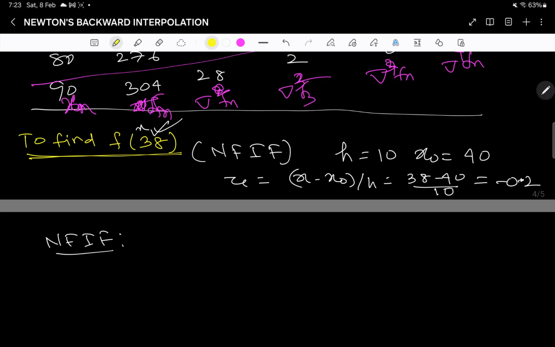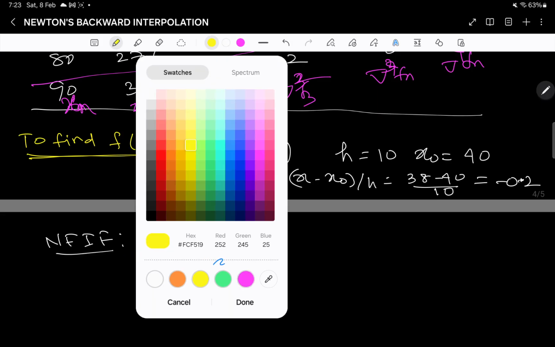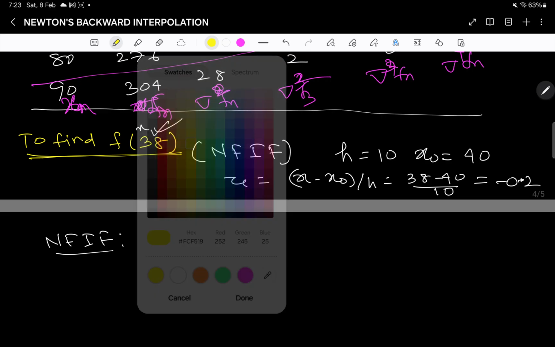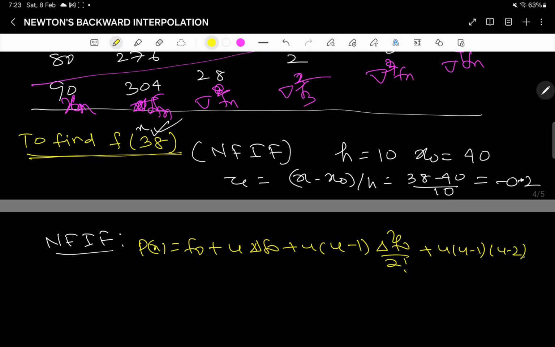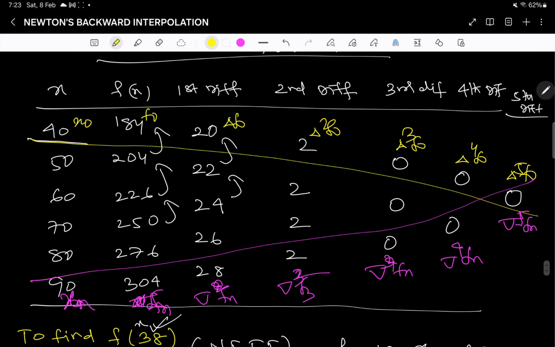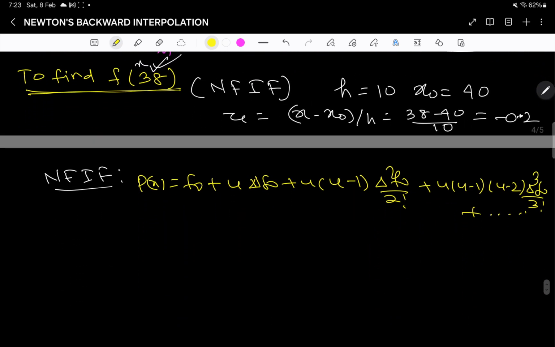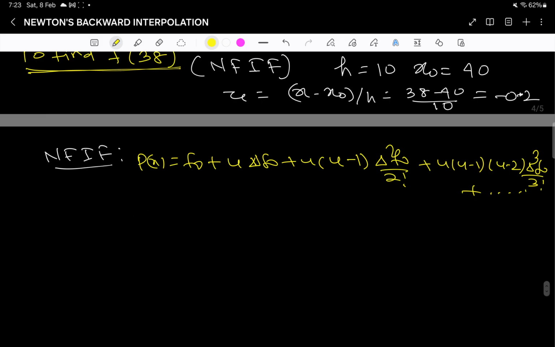The forward interpolation formula is given by p of x is equal to f0 plus u del f0 plus u into u minus 1 del square f0 by factorial 2 plus u into u minus 1 into u minus 2 del cube f0 by factorial 3 plus so on. Here del cube onwards is 0. Now I just substitute these values.